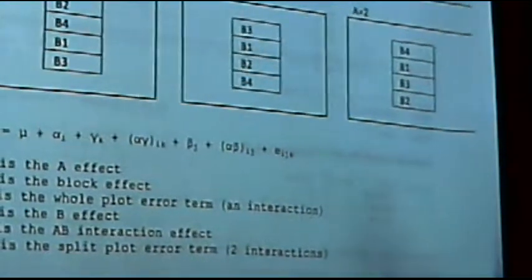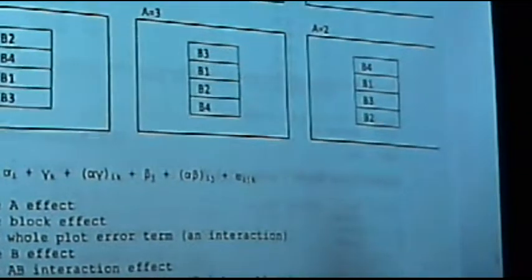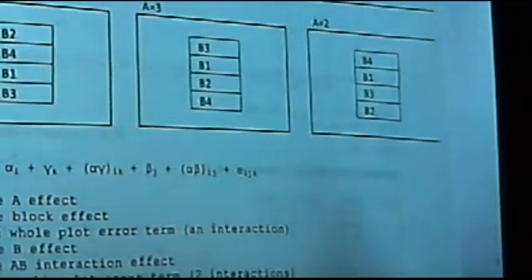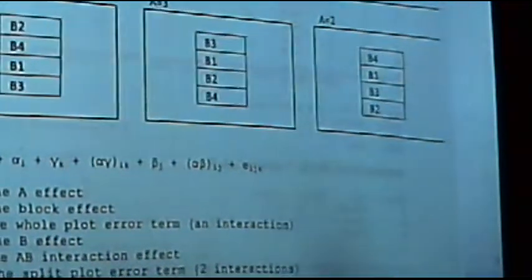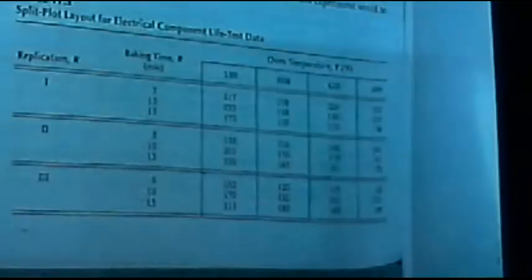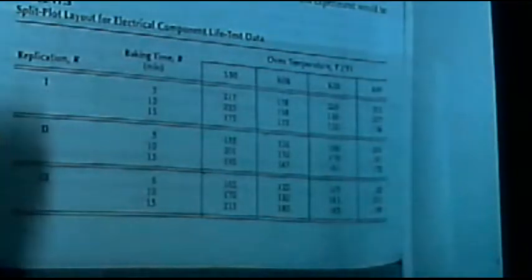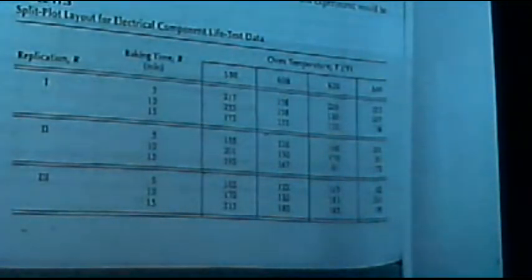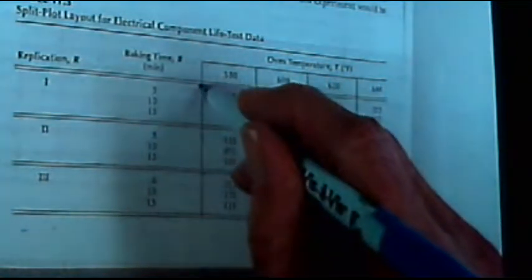So if I try to think about a split plot experiment back in this kind of layout that was on my very first page, where does this appear in this example? I guess I would say in the first replication, here's the whole plot.